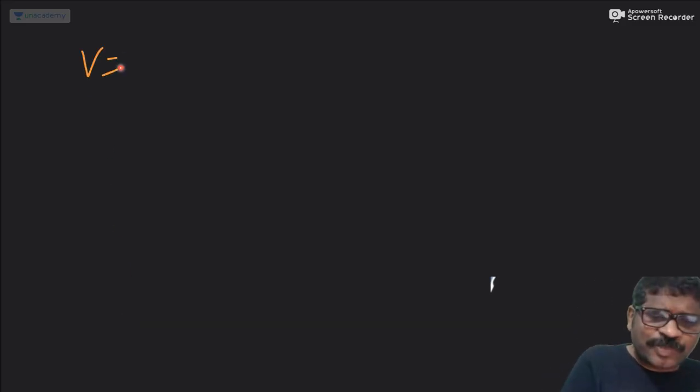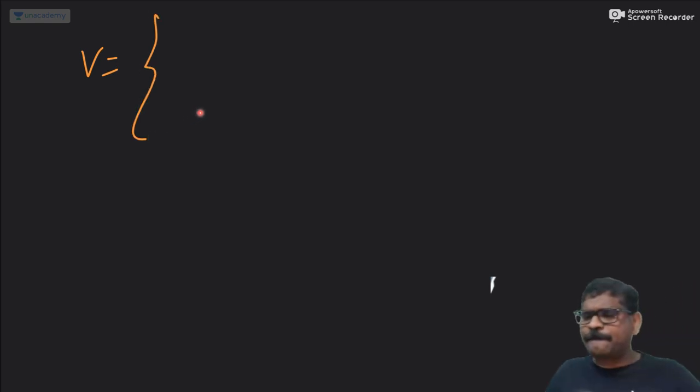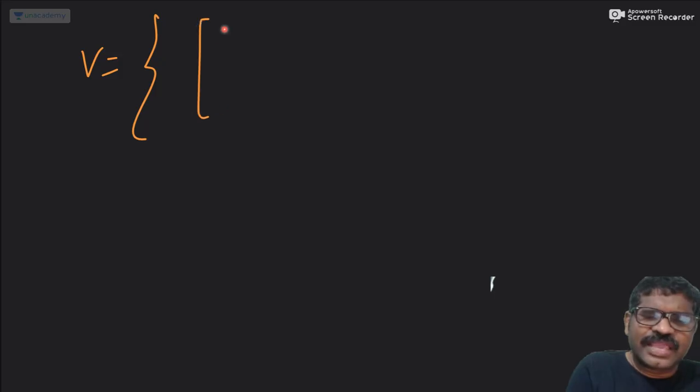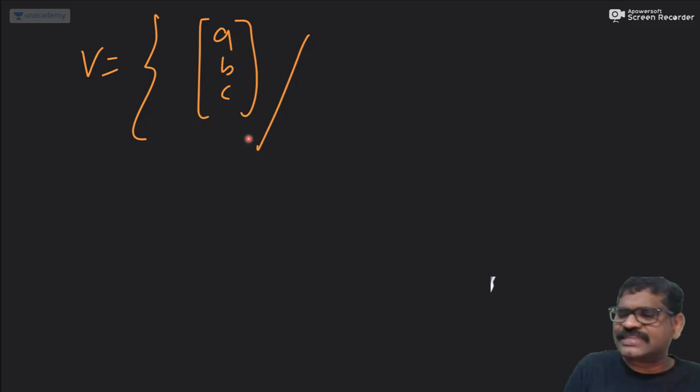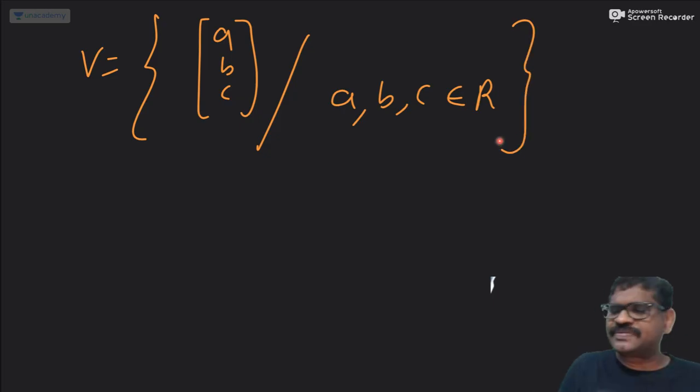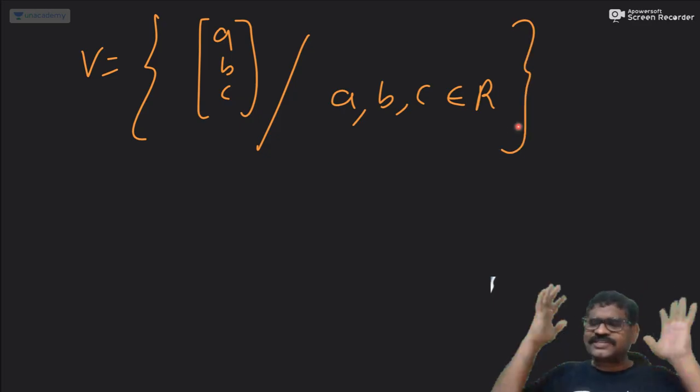A vector space V equal to the set of (a, b, c) such that a, b, c belong to R. Sir, what is this?